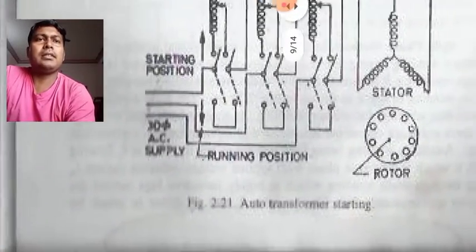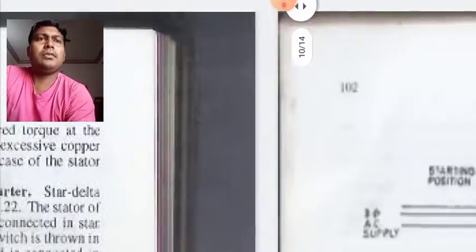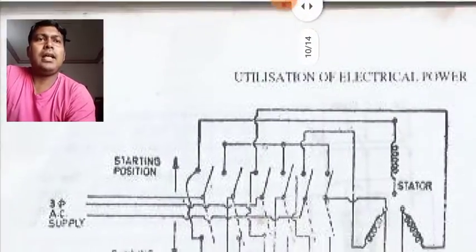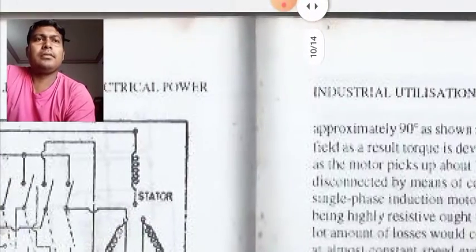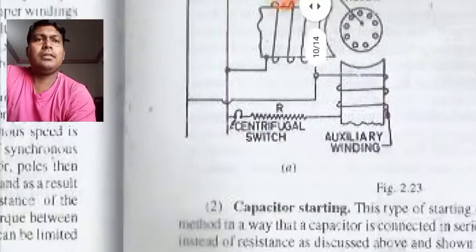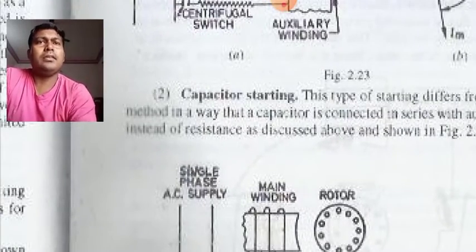Already these things are in your practicals also, so go through the video, make clear notes, and of course ask your doubts if you have any. There is also capacitor starting, so we will discuss all those things in our upcoming class.